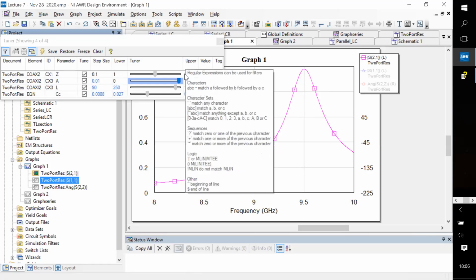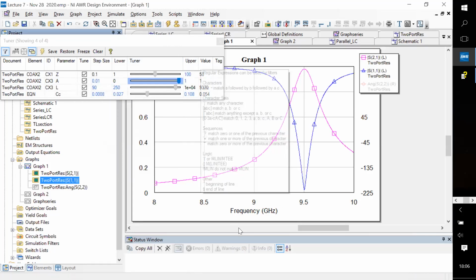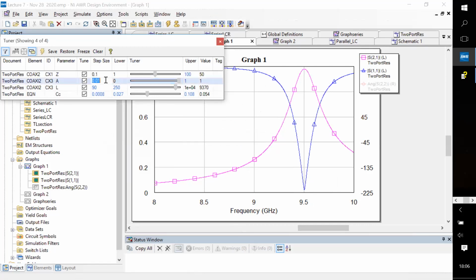And so you see that even the reflection is not perfect anymore, in the sense that reflection is not zero. So just to remind you, let's put this back to 0.